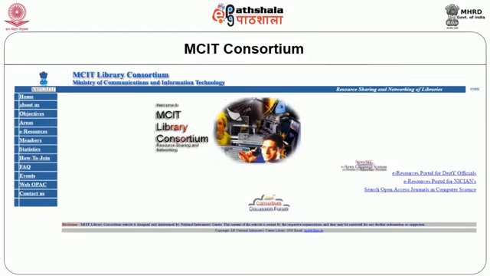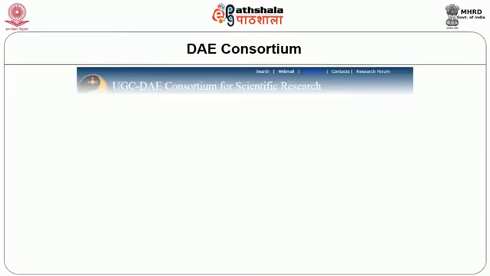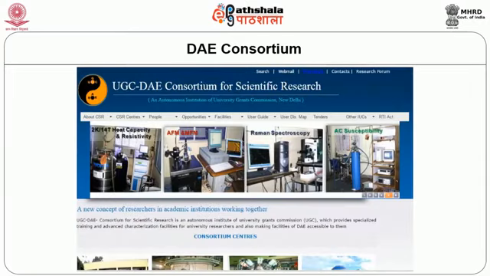It also provides access to 1,818 e-journals and 14,000 books to its member institutions. DAE Consortium. The Department of Atomic Energy Consortium, set up in 2003, caters to information requirement of 36 institutions including BARC, TIFR and SAMIR.